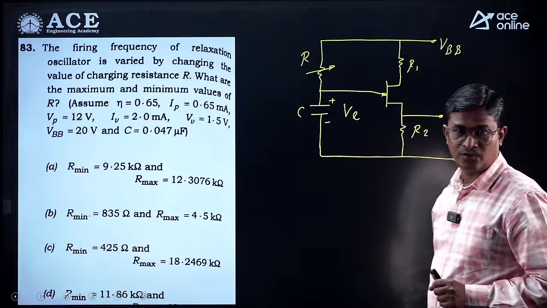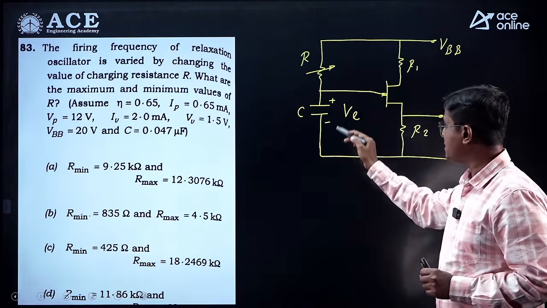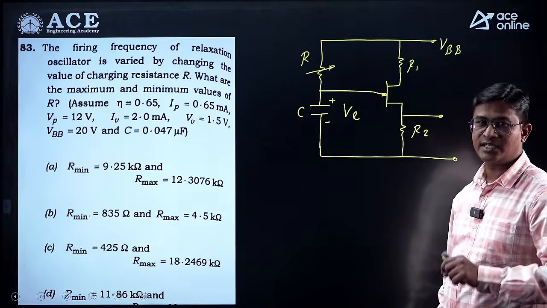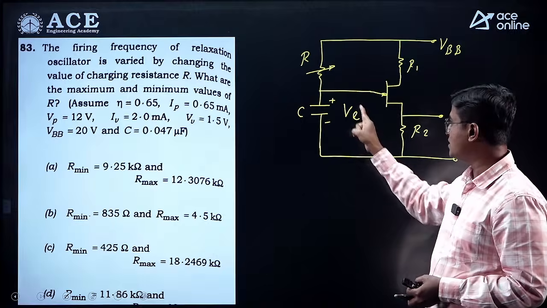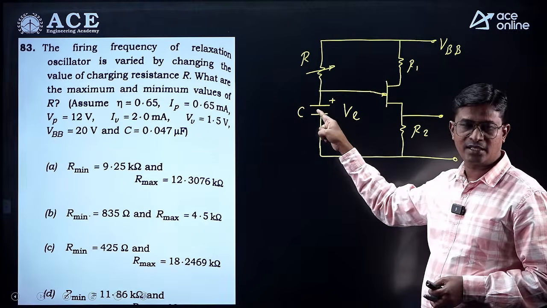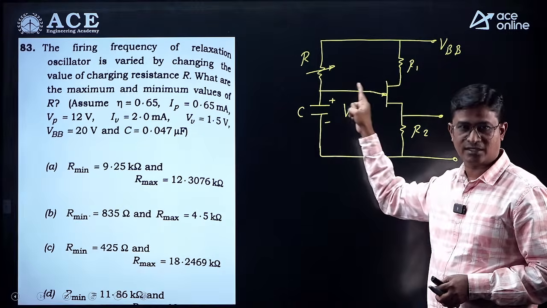What happens in this circuit? Till the instant the capacitor voltage reaches the VP value, the capacitor will be charging. Once this voltage VE, the capacitor voltage, becomes equal to VP, the UJT will start conduction.